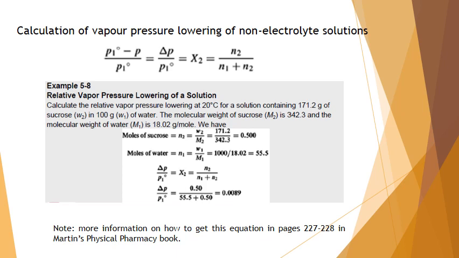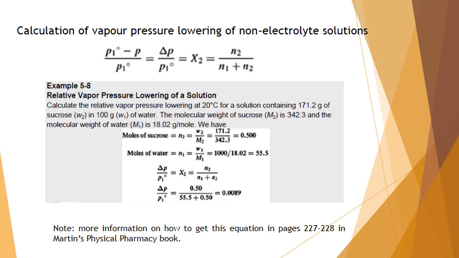What we notice is that this lowering in vapor pressure depends on the concentration of the solute in the solvent, on the number of moles of the solute in the solution.